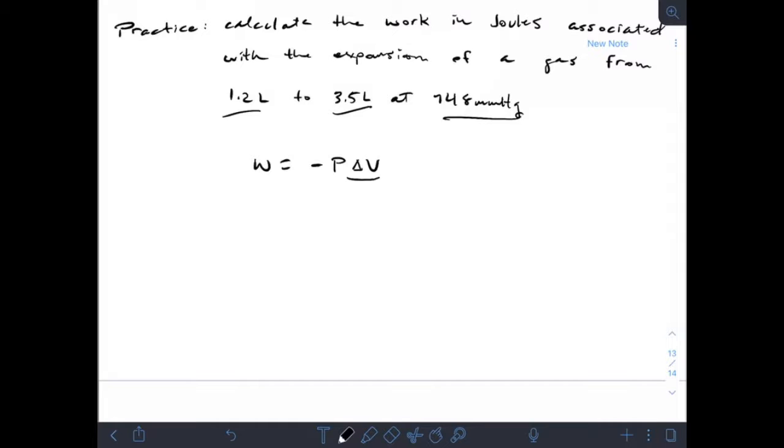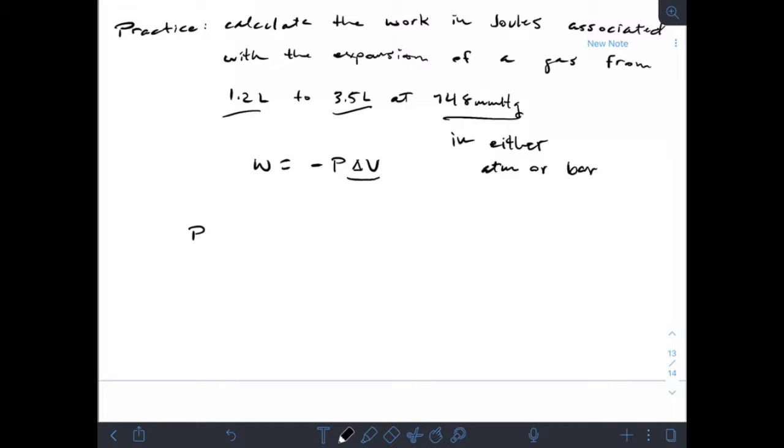The only trick is this needs to be in either atmospheres or bars. Having pressure in millimeters of mercury does not work for us.